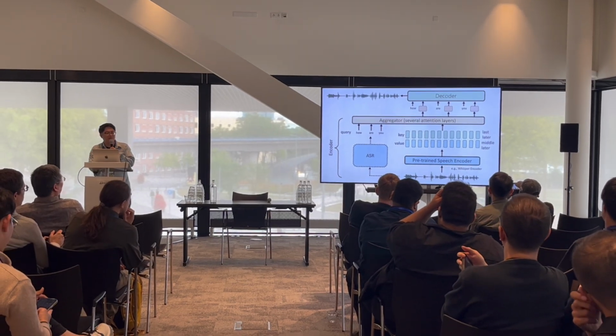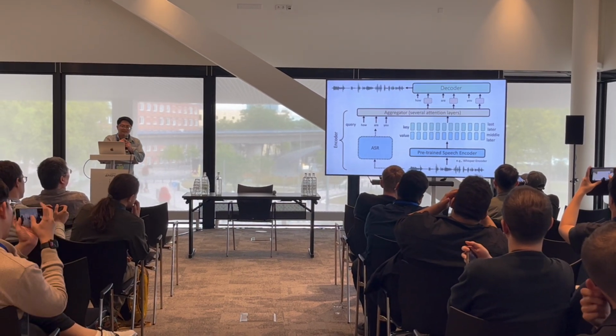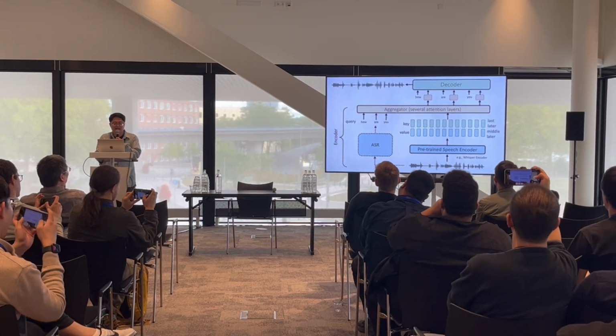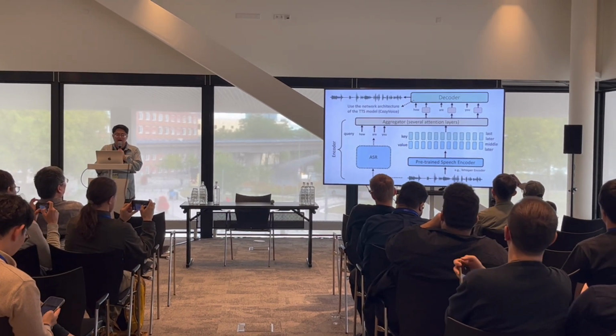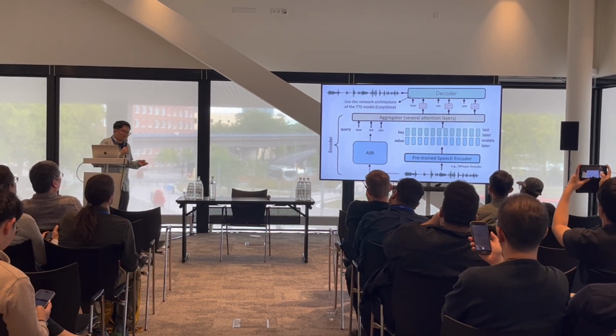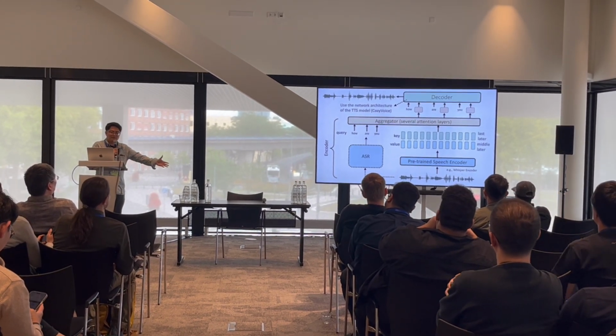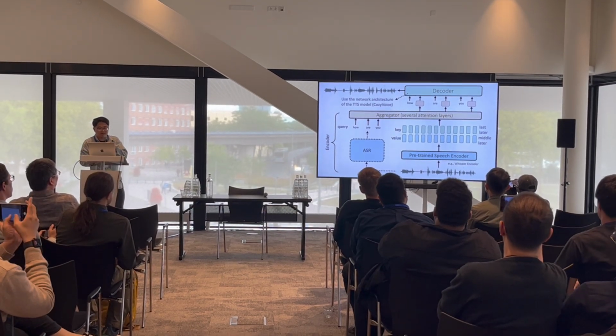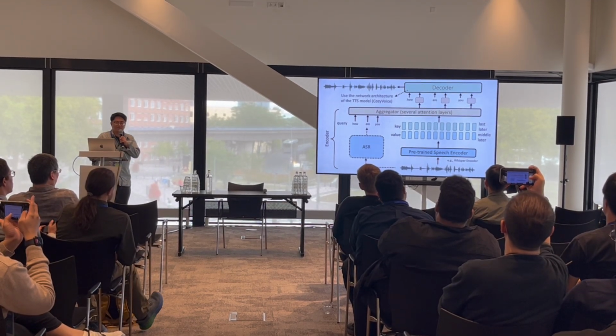Then our decoder will take both the text and the audio tokens as input and synthesize the speech signals. Here our decoder is actually similar to a TTS model because it takes text as input. We directly use the network architecture of CosyVoice.